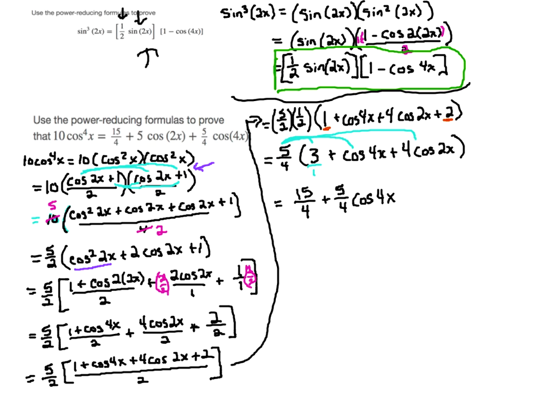And notice my 4's divide out there. So I just have plus 5 cosine 2x. And believe it or not, we finally made it to showing that that is equivalent.